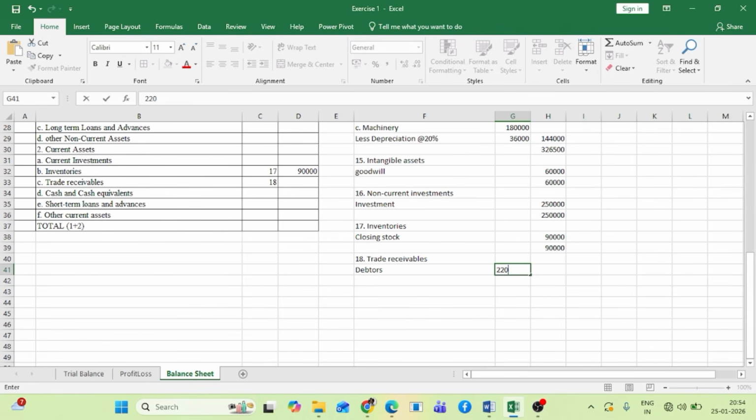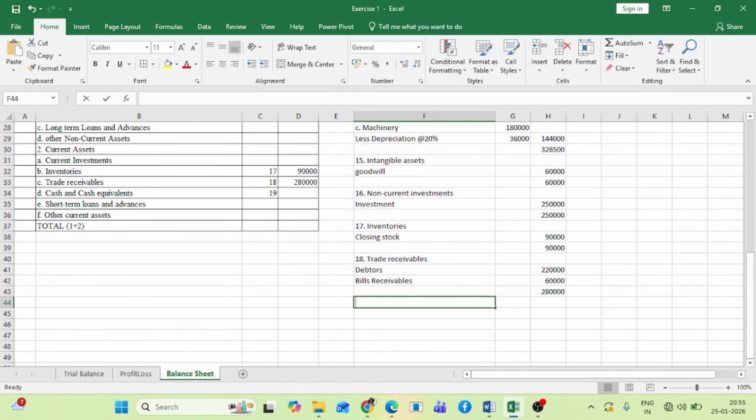Now the next one is your cash and cash equivalents. Here you have the last component, cash and bank balances.